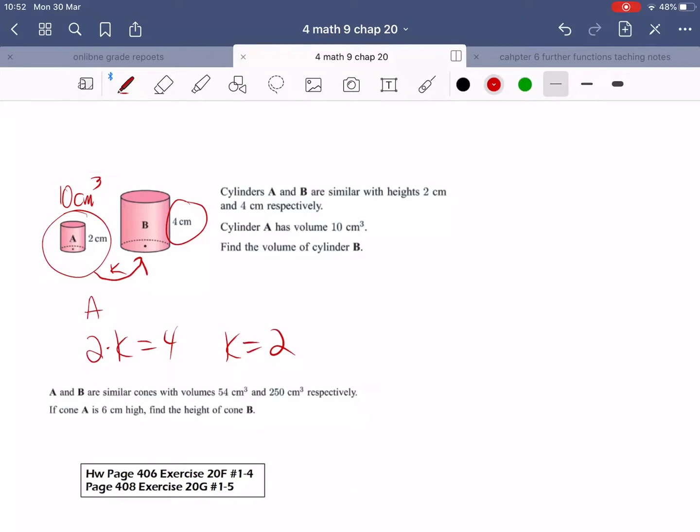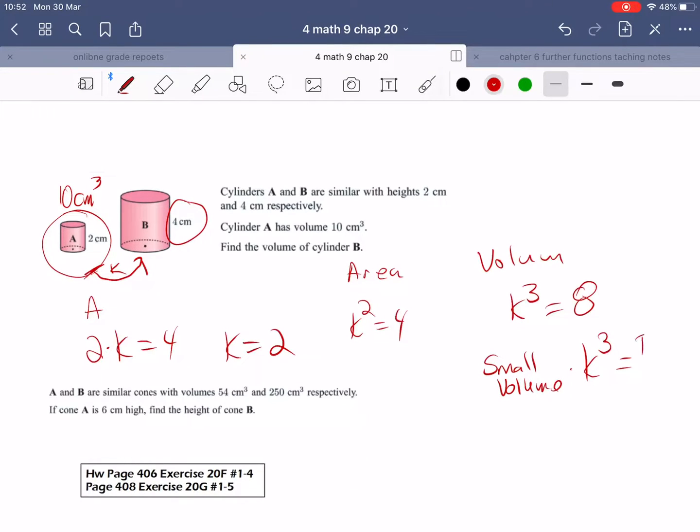Okay, so we're going to multiply this one by K to get the lengths of the sides or anything like that. So then the area is going to be K squared, which would be 4. So that would be if we found the surface area of that one, but we're doing volume, which is K cubed, which equals 8. So we multiply the small volume by K cubed to get the big volume.